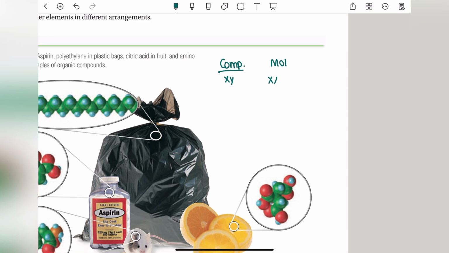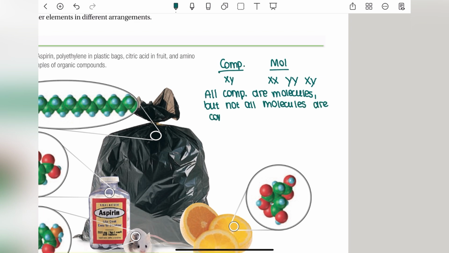So it can be an X and an X, a Y and a Y, and then an X and a Y. So all compounds are molecules, but not all molecules are compounds. This is very important to remember.